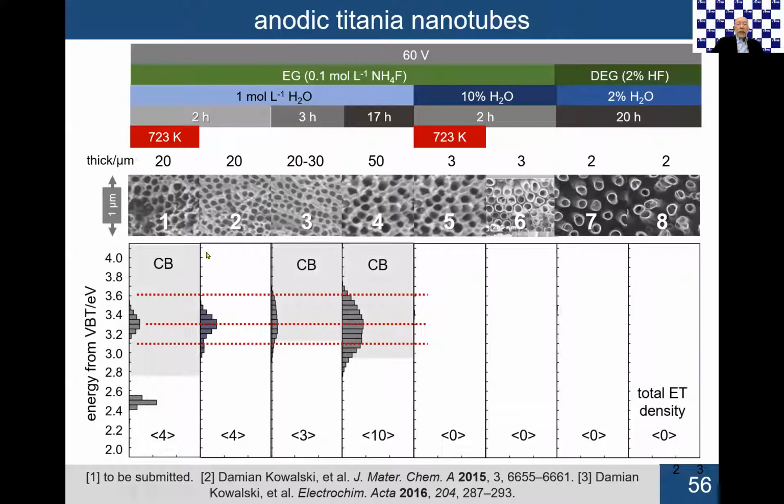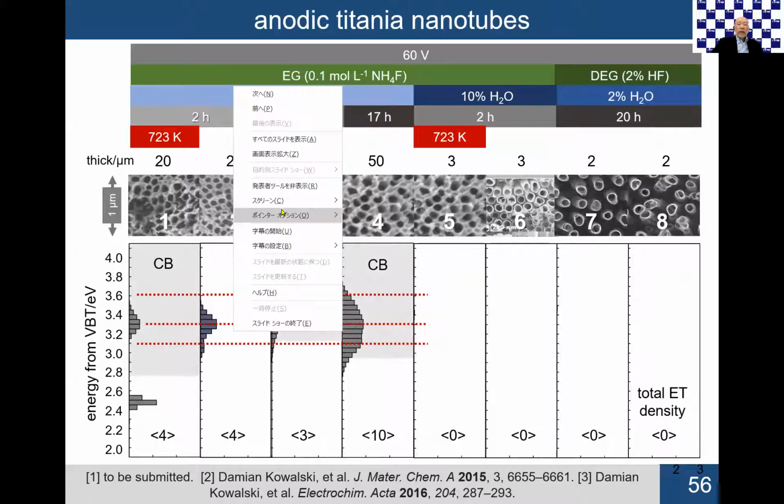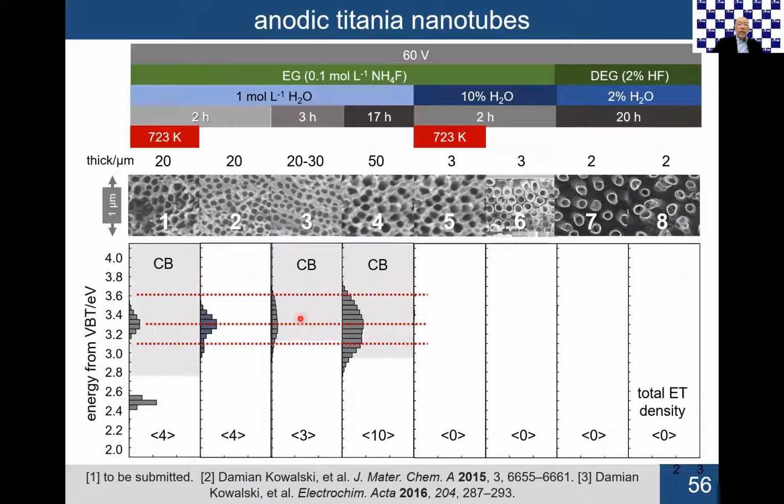But the thicker film shows the ERDT CBB pattern. And the different preparation method gives a different ERDT pattern. Especially, this peak might be due to the amorphous titania, and this part is anatase.